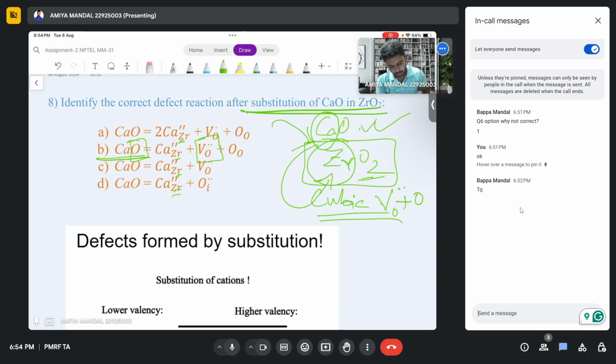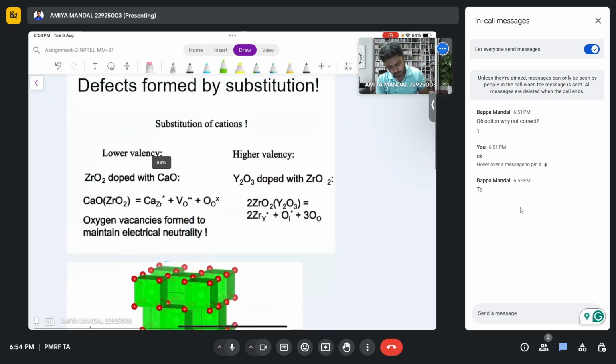For calcium oxide, only one oxygen will be removed from the oxygen position. Only one calcium ion will be there at the zirconium position.